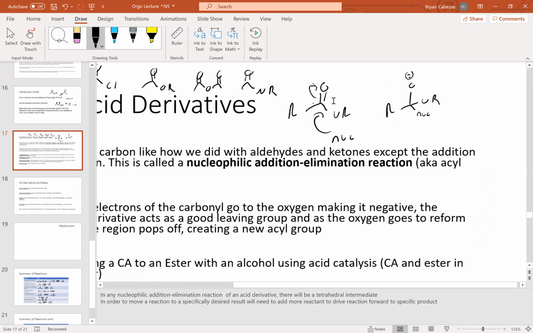The addition happened, but now we're going to have the elimination, or the elimination of two sigma bonds to form a double bond. And so the lone pair that's in excess on this oxygen is going to come back down, and it's going to pop off the unspecified region. And so we can have our carbonyl back with our new nuke, and then we have over here the unspecified region.